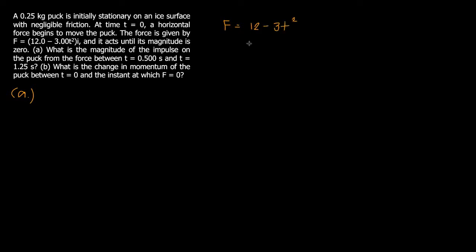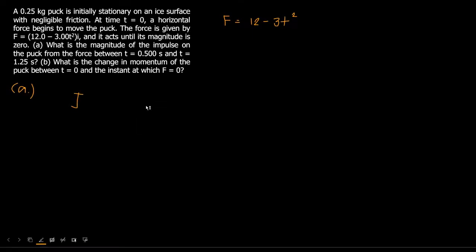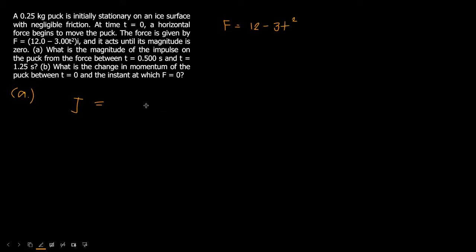And we're finding the impulse J. So recall kanina that for non-constant forces, we will use the formula for J, the antiderivative of the force function with respect to time from initial time to final time. So meron tayong function which is 12 minus 3t squared with respect to time. So that's dt.